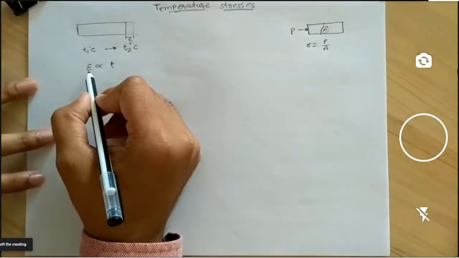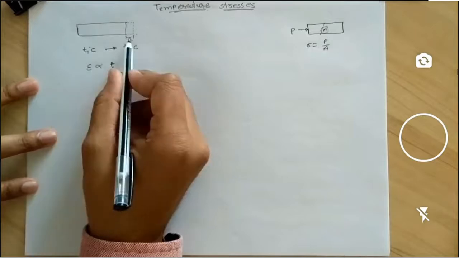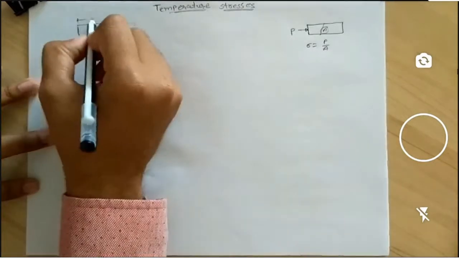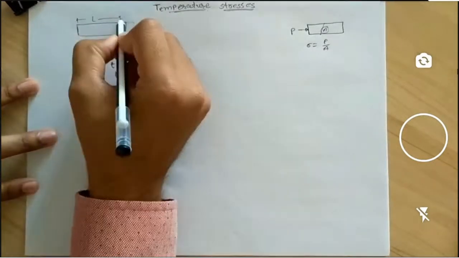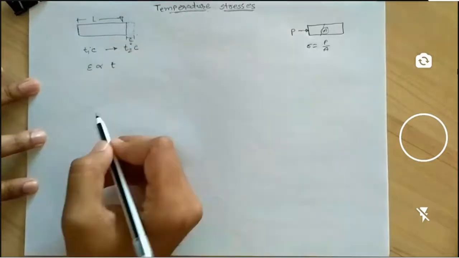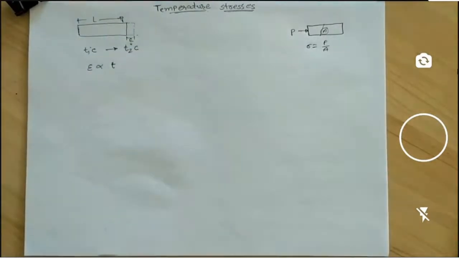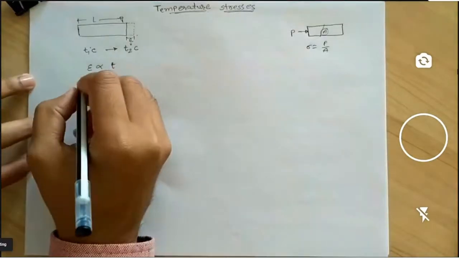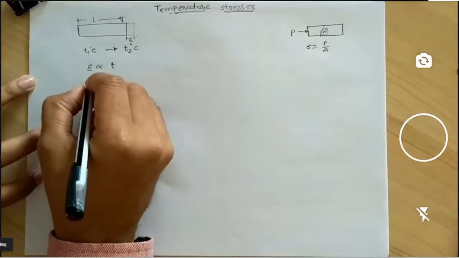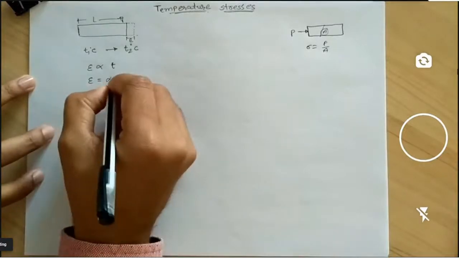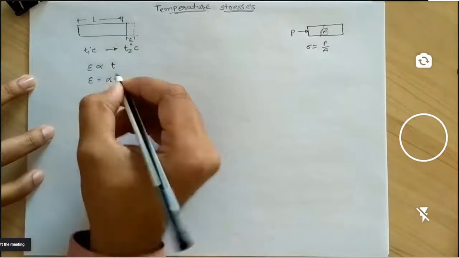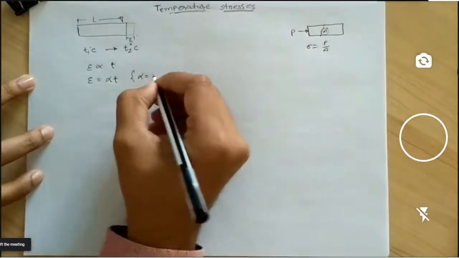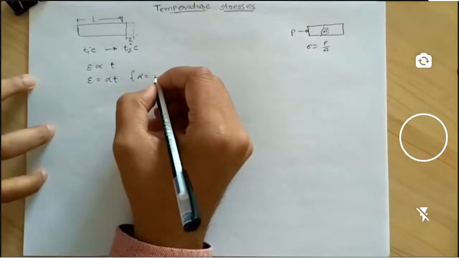This is the original length, up to here, and this is the change in length due to the temperature. So the strain is proportional to the temperature. If we remove this proportionality, we get strain equals alpha T, where alpha is the coefficient of thermal expansion.